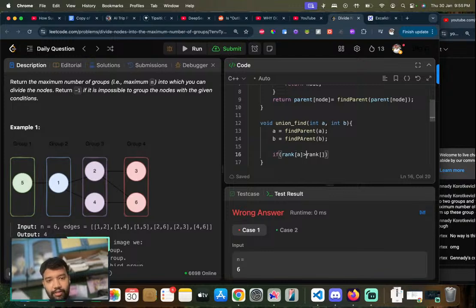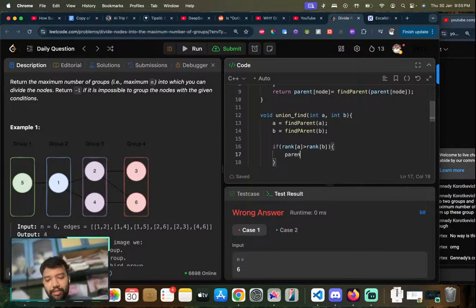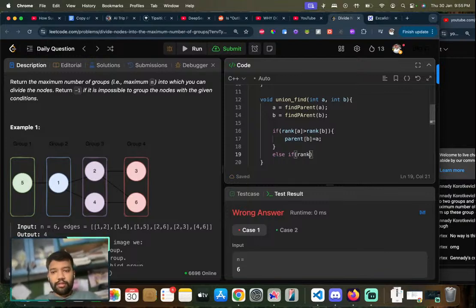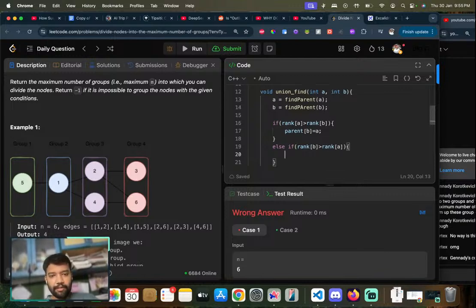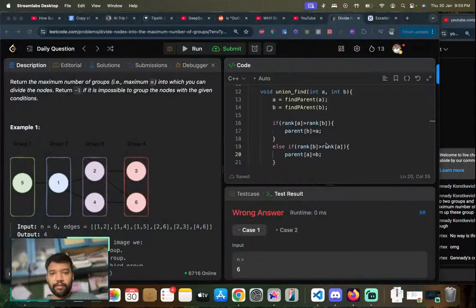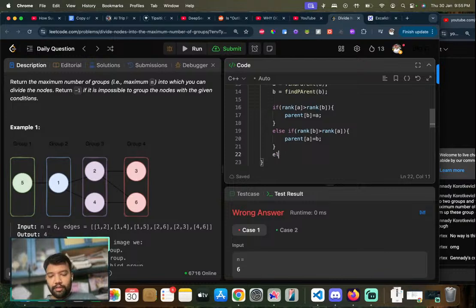If rank of A is greater than rank of B, then A becomes the parent, so parent of B is equal to A. Else if rank of B is greater than rank of A, then parent of A is equal to B. And finally, else.